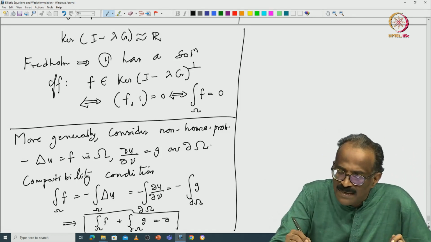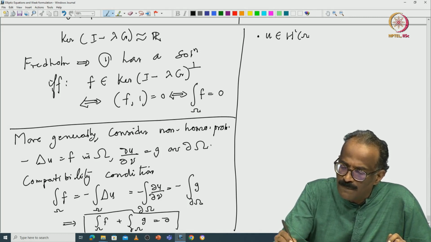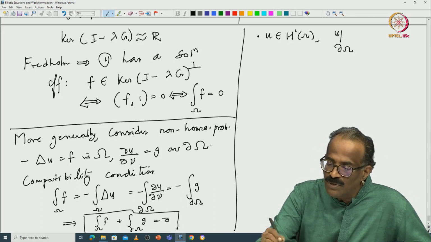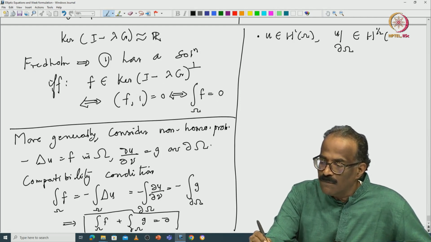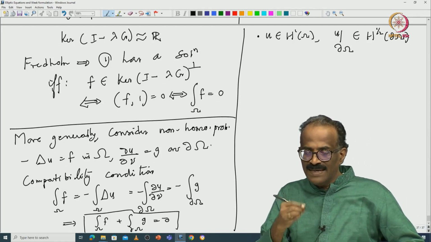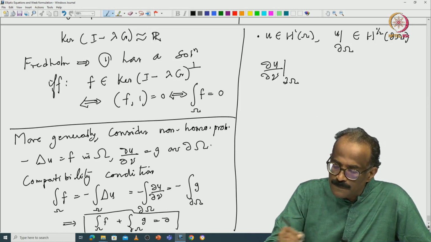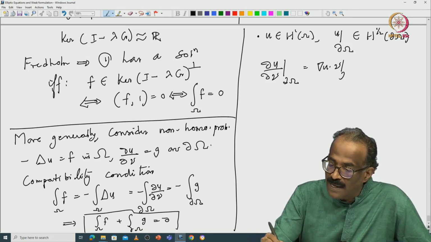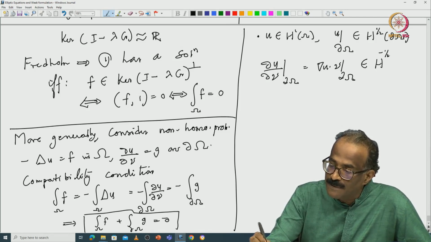Now, let us understand that if you are looking for a solution u in H1 of omega, and u restricted to the boundary, as you have seen, is in H half of d omega, but then du by d nu, the gradient of u restricted to the boundary, reduces one more order, and this has to be interpreted as an H minus half element. You see.